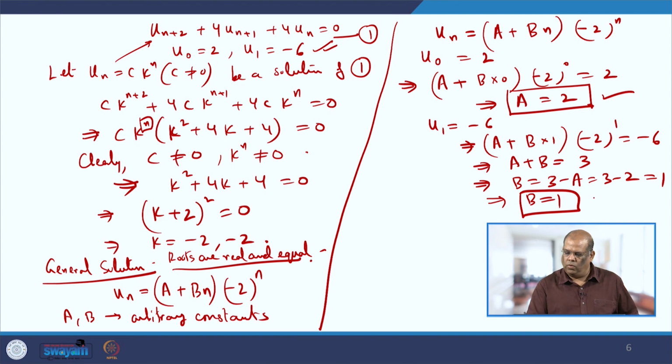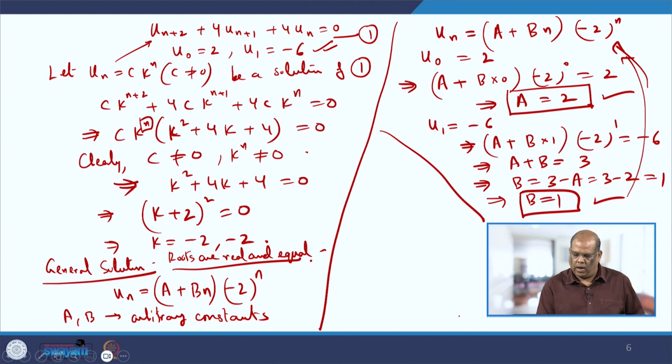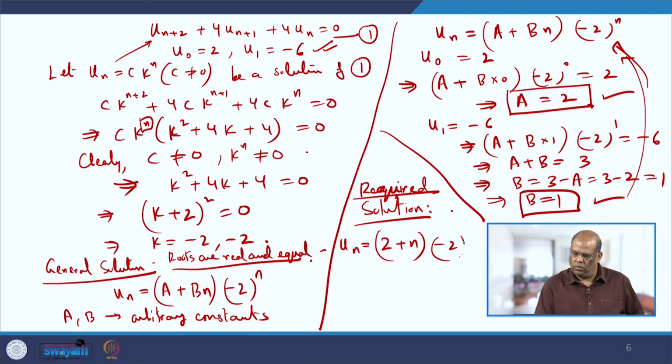So a is 2, b is 1, we substitute both of them here and you get the required solution as un, a is 2, b is 1, into minus 2 to the power n.